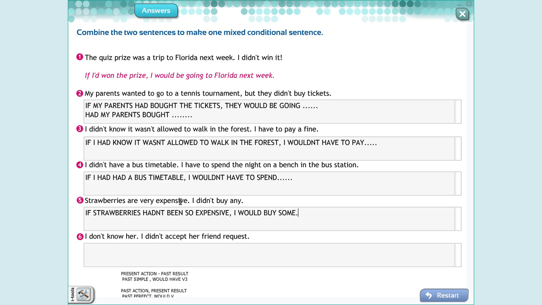Então, eu tenho uma ação do passado. Os morangos são caros. E se eles não fossem tão caros lá no passado, eu teria comprado hoje. That's the idea. Okay?